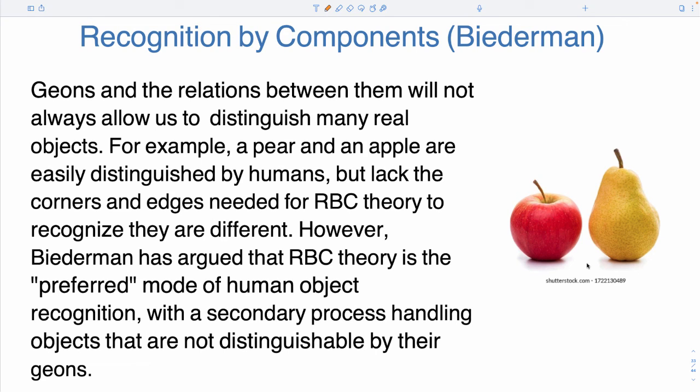So geons and the relations between them will not always allow us to distinguish many real objects. For example, a pear and an apple are easily distinguished by people, but they lack the corners and edges needed for RBC theory to recognize that they are different. However, Biederman has argued that RBC theory is the preferred mode of human object recognition, with a secondary process handling objects that are not distinguishable by their geons. So it's like the easier go-to method.